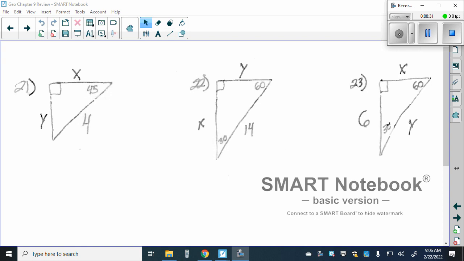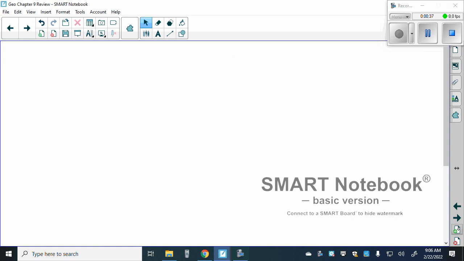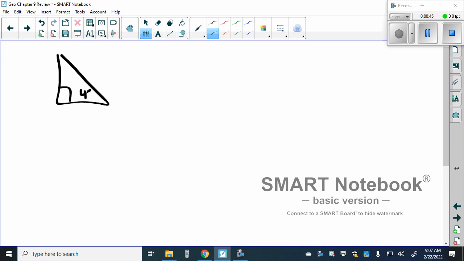Now, looking at these here, there were two different ways we talked about special right triangles. The 45, 45, 90: if we were given the leg, one of the sides opposite the 45 degrees, the other side opposite 45 degrees was the exact same.